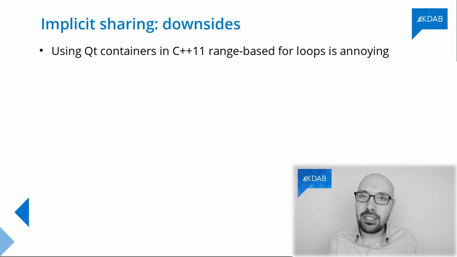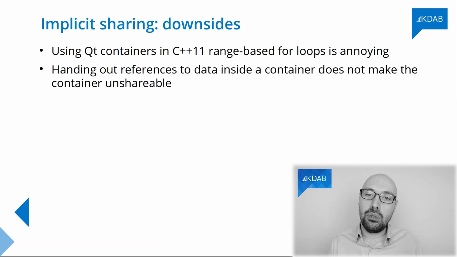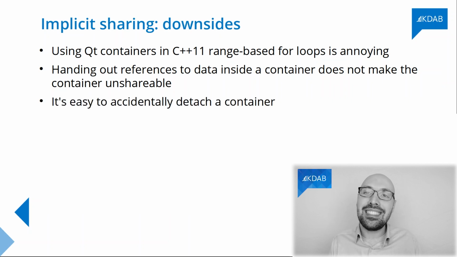We have, again, workarounds for all of this. We have good practices to mitigate all these risks, and I'm going to also discuss what these mitigation strategies are. But in a nutshell, if you try to hand out references to data inside a container, that reference may have side effects that you don't expect. As I said, it's easy to accidentally detach a container, so to cause a memory allocation that you didn't plan.